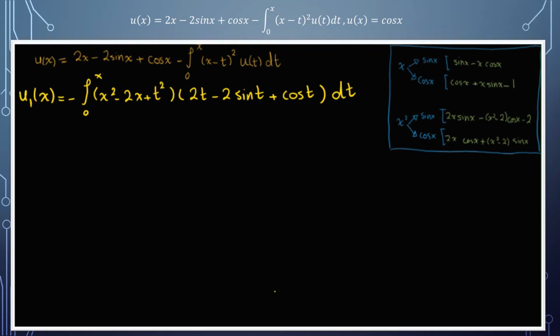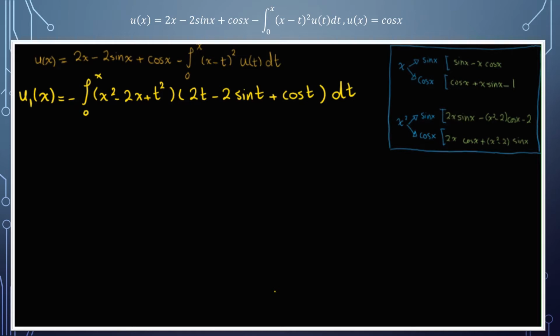So let's integrate this. We have here x squared, it's a constant, so when we multiply it by this bracket, it will never affect the integrations of t and sine t and cosine t.